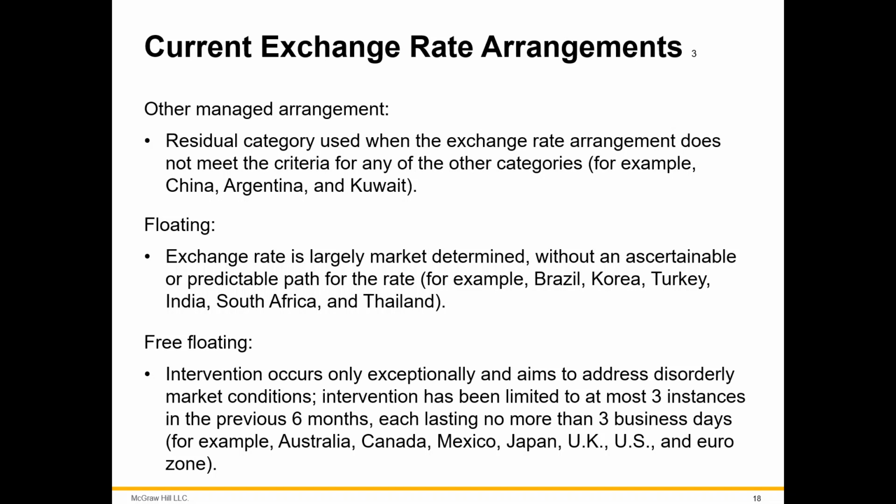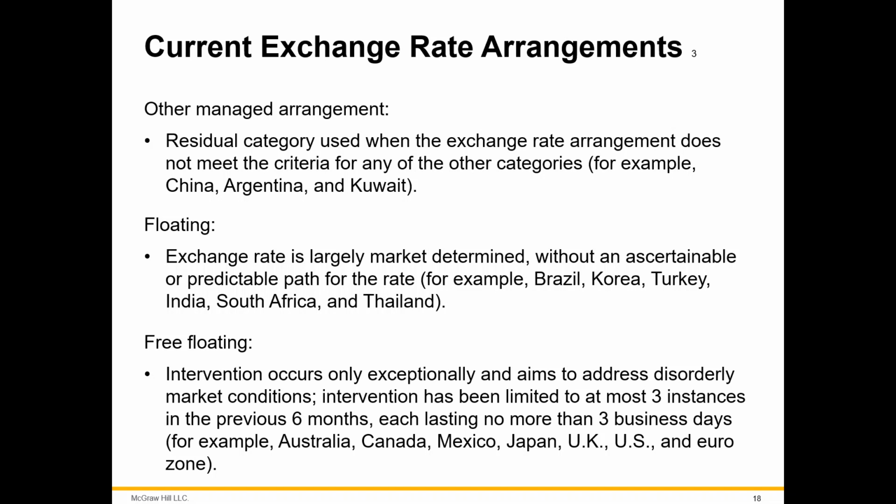Because you can imagine a currency that's floating, but with lots of special exceptions where central bank interventions happen frequently. You can say, well, it's floating, but in practice, if the central bank shows up and fixes things every 3 to 6 weeks, it's not really floating.